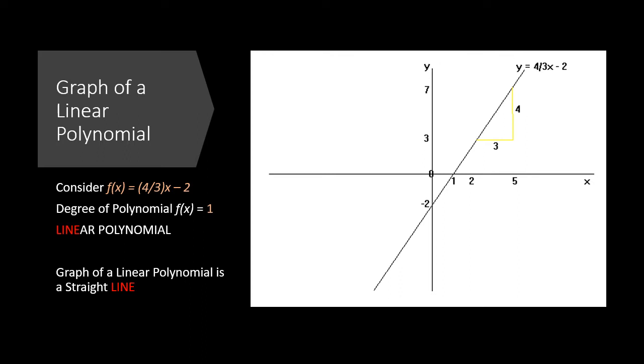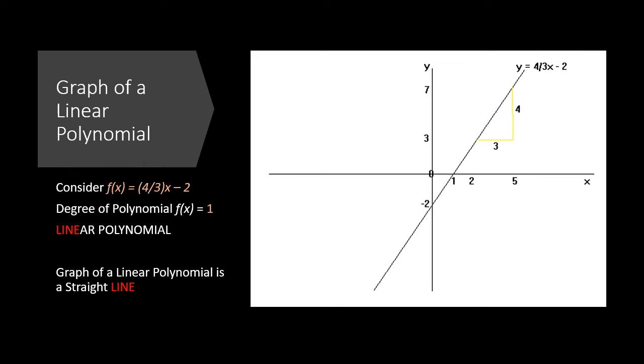And you can see an inclined line passing through the x-axis and the y-axis, and the name of that line is y equals 4 by 3x minus 2. For example, like you have a name, I have a name, this channel has a name, Love Math. Similarly, this particular line has a name, 4 by 3x minus 2.